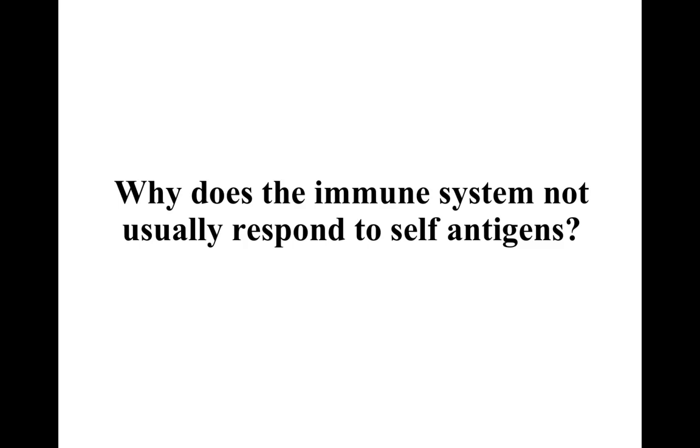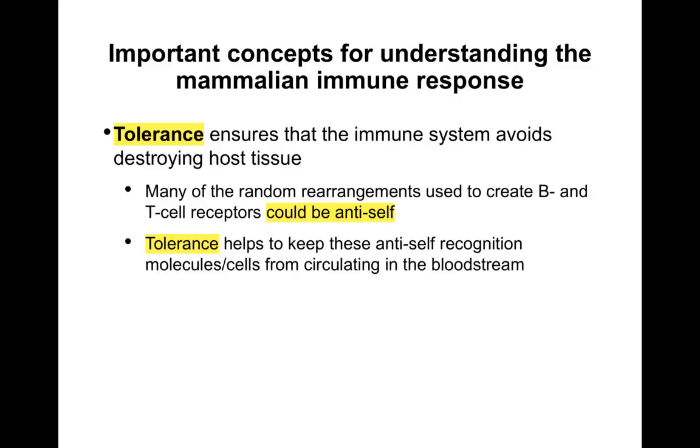Why does the immune system not usually respond to self antigens? We don't want to respond to self antigens, but certainly the possibility is there because of that recombination of the B cell and T cell receptors. How we manage to avoid most often recognizing self antigens is that we have tolerance.